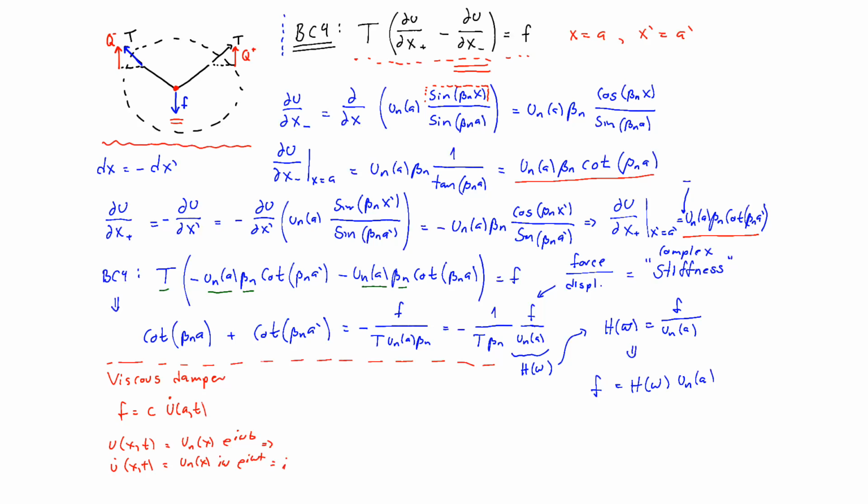That means i omega un of x exponential function i omega t. So that leaves us i omega u of x and t.